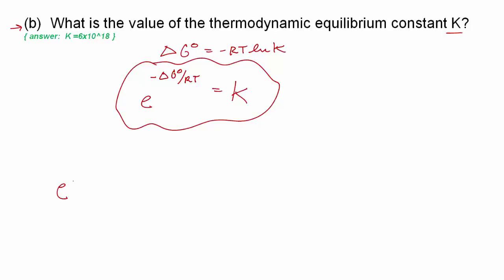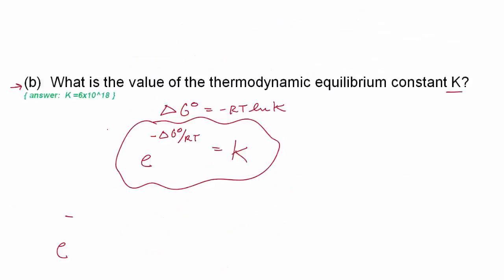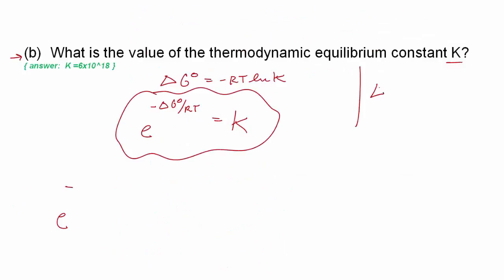So e to the negative, we said delta G0 is a negative 108 kilojoules per mole. But we want it in joules. So that's the same as a negative 108 times 10 to what power? Third joules per mole. Right? This kilo is 10 to the third. So I need to plug that in for my Gibbs free energy.